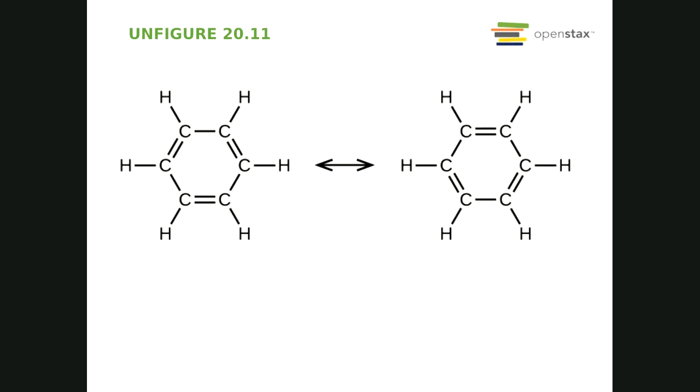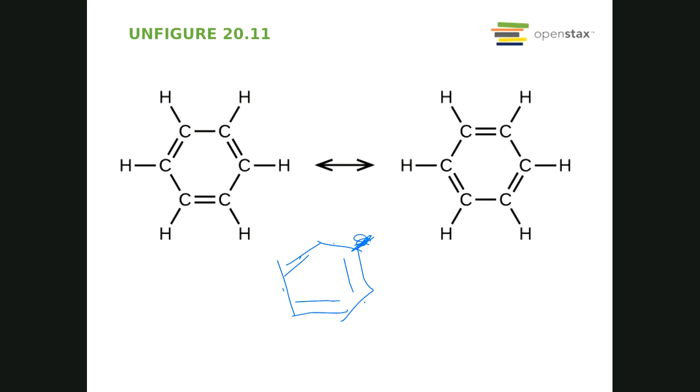Aromatic compounds, the benzene ring is the parent for all aromatic compounds. So any compound that has a benzene ring, which is like a conjugated system, you have double bond, single bond, double bond, single bond, double bond, single bond, is going to be named aromatic. And it could be branched or simple.